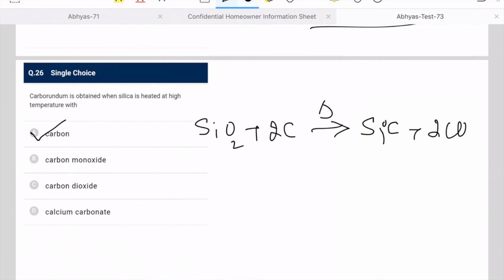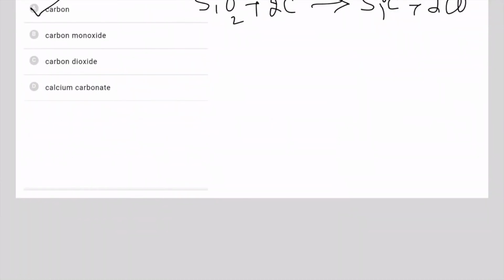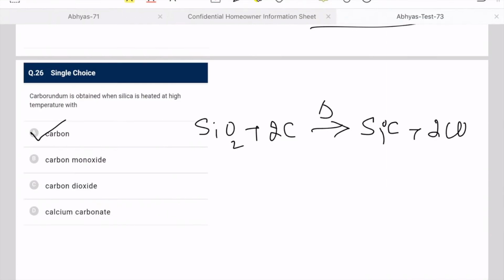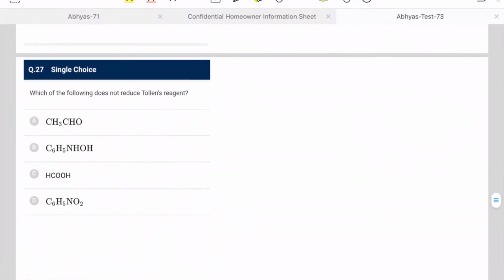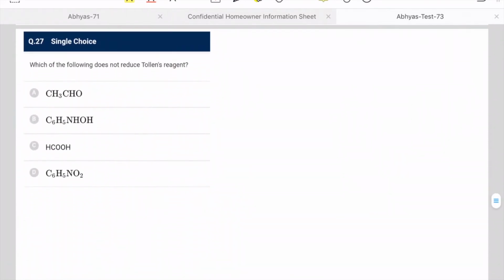So carbon is the correct answer. We'll go to the next question.